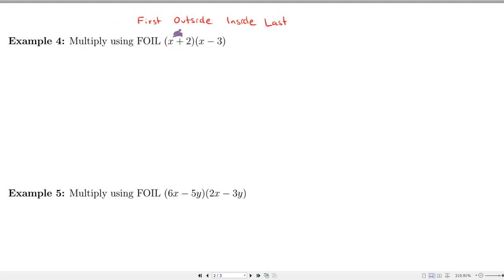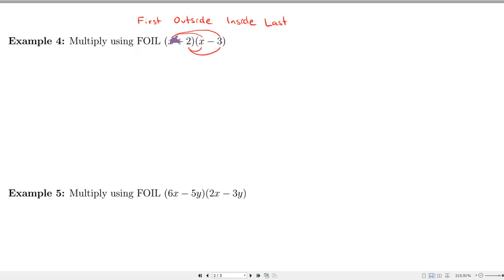And the procedure is as follows. So the first multiplication would be to do x times x. That would be first. The outside term would be x times -3 because these are the outside terms. The inside would be 2 times x, and then the last, because of the last two terms, would be 2 times -3.